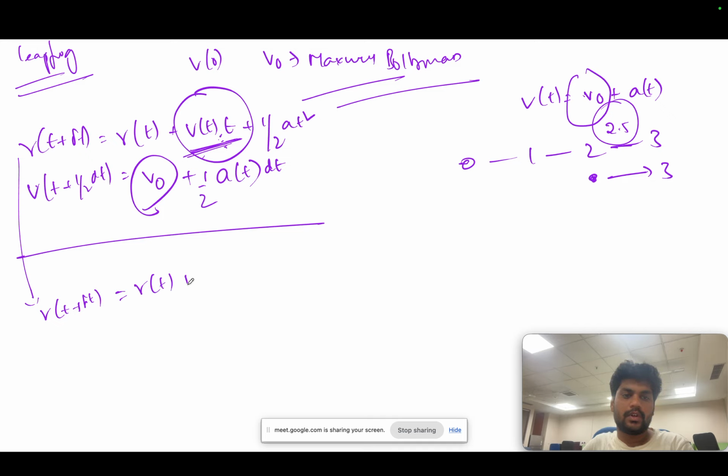Equals r of t plus dt common. If you take dt as common, then it will be v naught plus a of t dt.